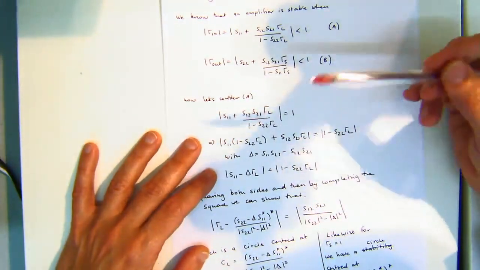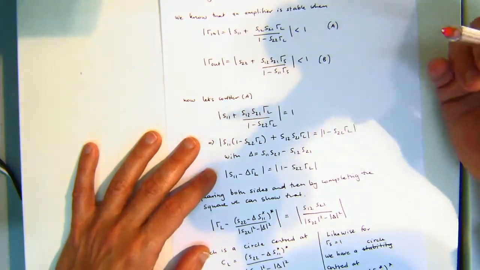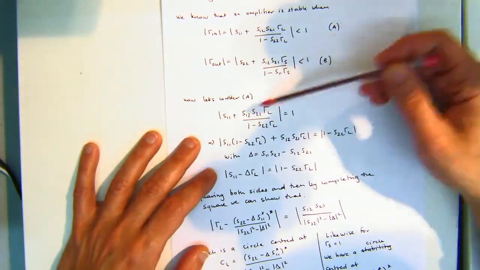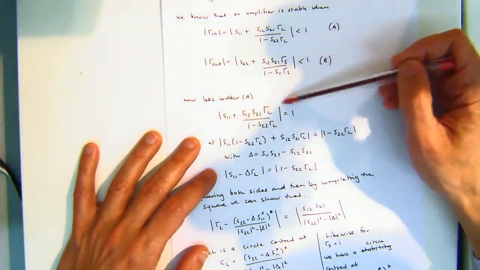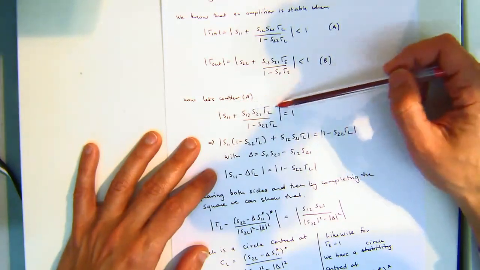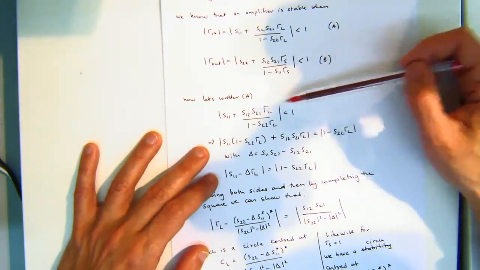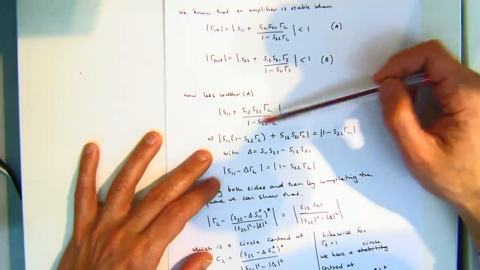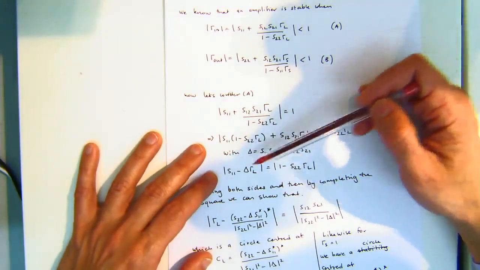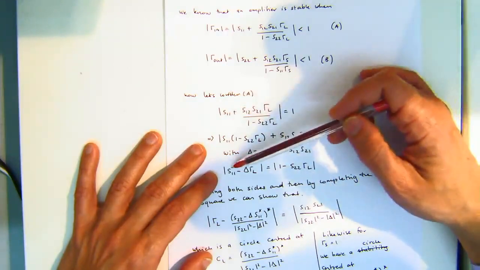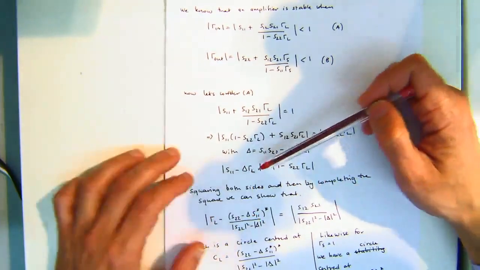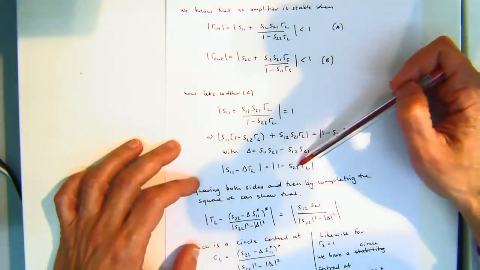But nonetheless, I'm going through the process of actually deriving it for you. Let's look at condition A. We want to find out when this is equal to 1. So we do some rearrangement, and what we find is this quantity is equal to 1 when S11 minus delta gamma L, where delta is this determinant, equals 1 minus S22 gamma L.